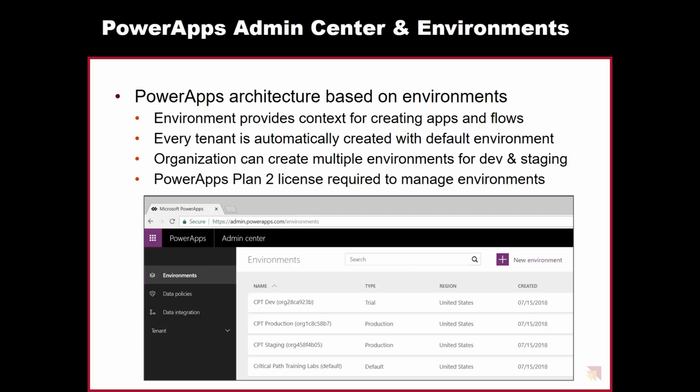Working with a PowerApps Plan 2 license gives you a lot more capabilities if you want to create your own PowerApps environments, so that you can have an isolated environment for doing things like creating a custom connector and testing it, so you don't have to do this type of work inside of a PowerApps environment that you're using for production apps.